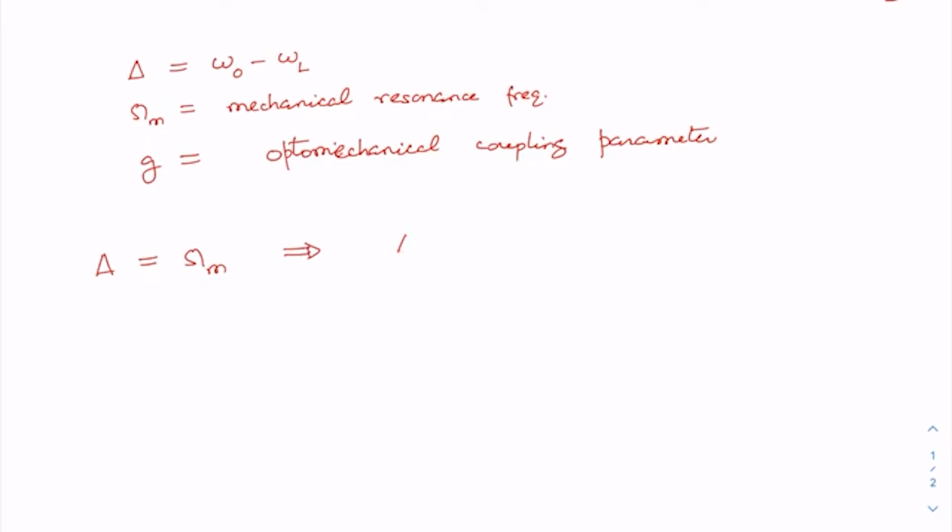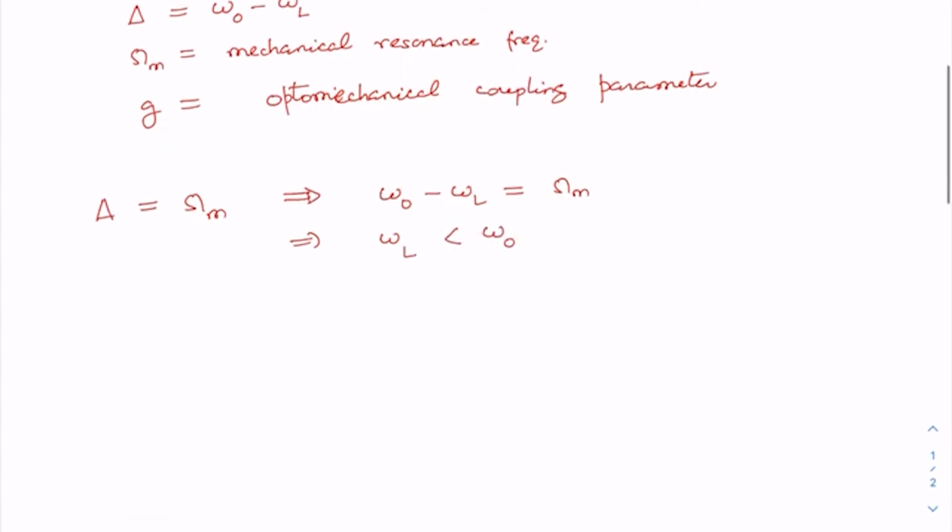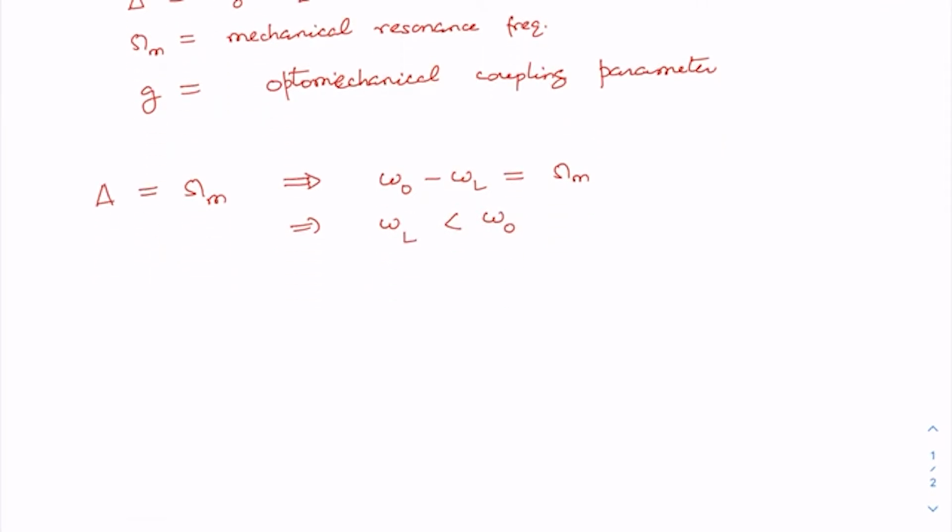Because delta is equal to omega 0 minus omega L, which is now equal to omega m, you can clearly see that omega L is less than omega 0. This is the regime called red detuning.